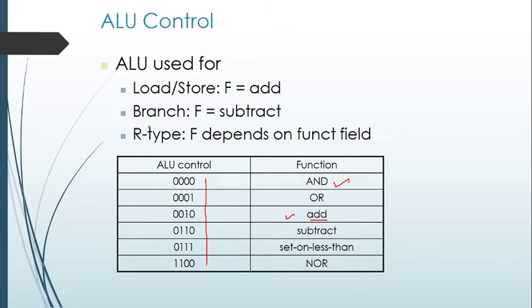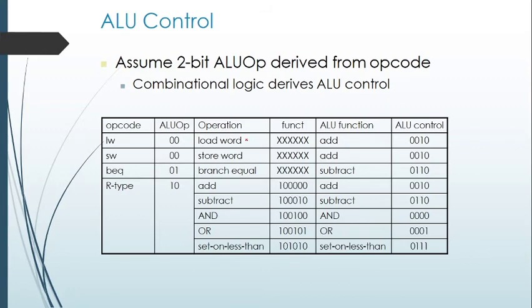Similarly, for a branch instruction, it just does the subtract operation to get the result for branch equal. So these two things are fixed. For other instructions, the ALU control will decide which function is going to be performed.